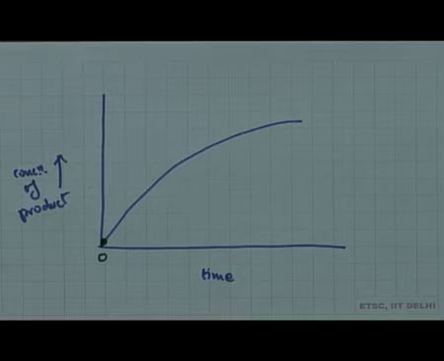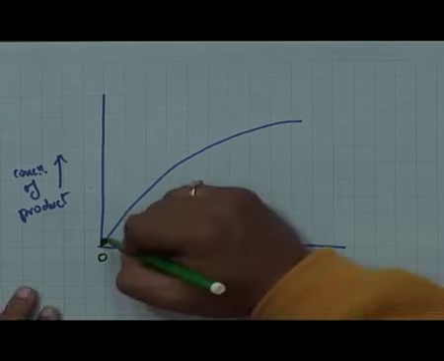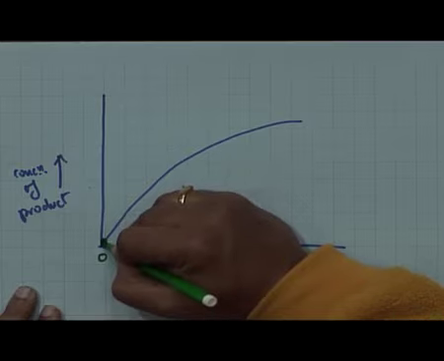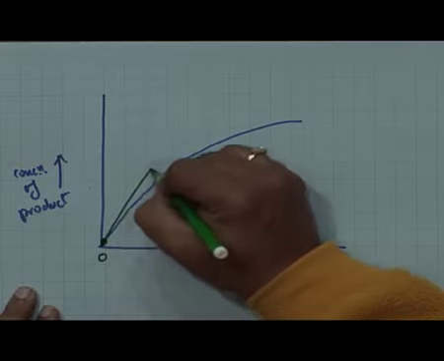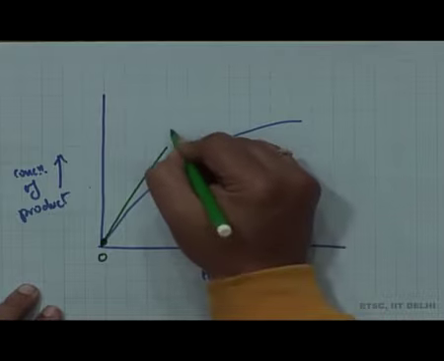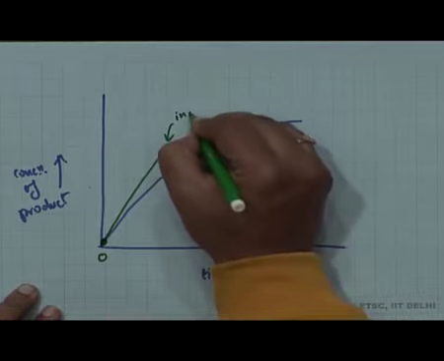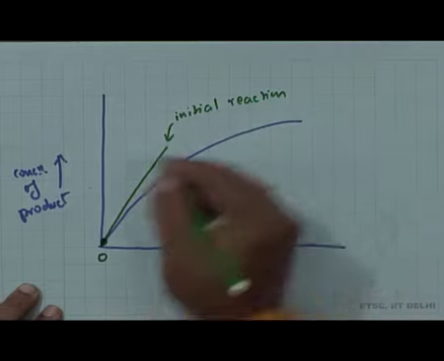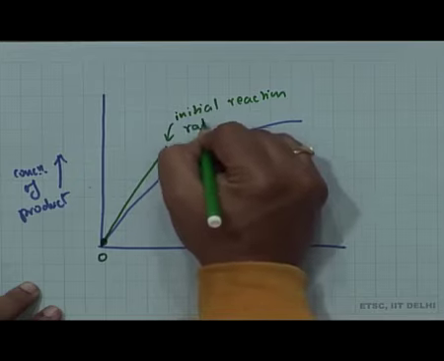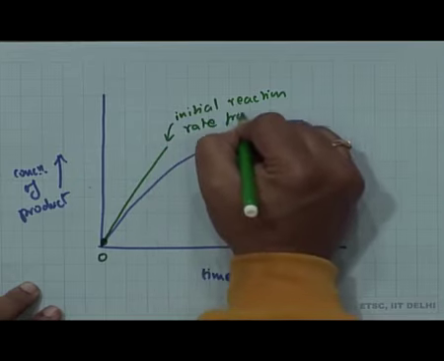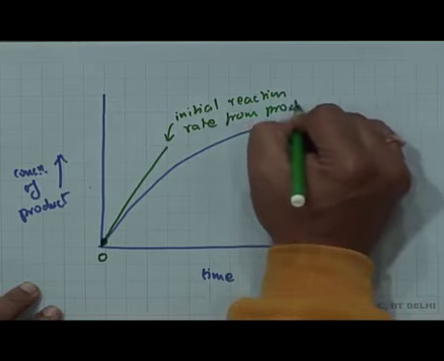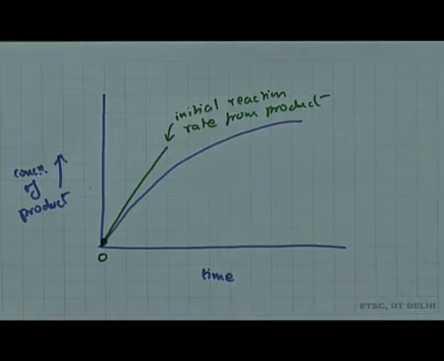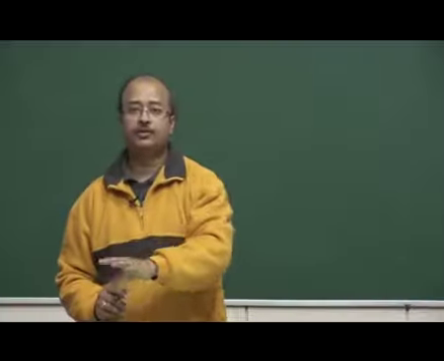The tangent has to be drawn right at this point, and this gives my initial reaction rate from the product. So, as usual, I can get my initial reaction rate from the reactant and from the product.